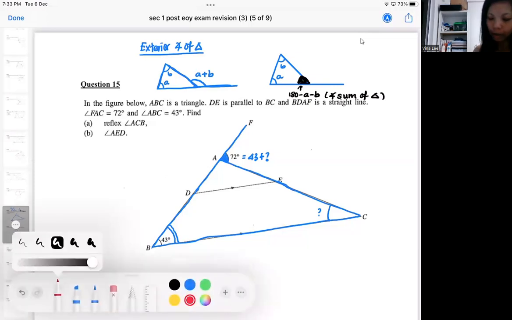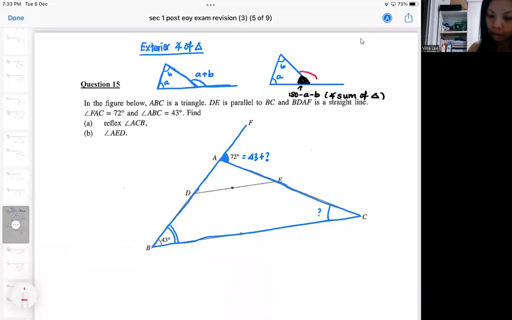So in the same way, this angle, the one that's outside the triangle, is actually angles on the straight line, 180 minus this whole black angle. So if you end up subtracting, multiplying the negative, you actually get the A plus B.